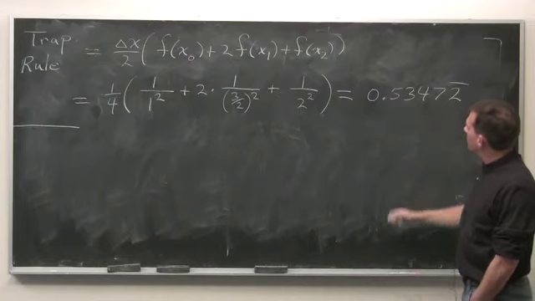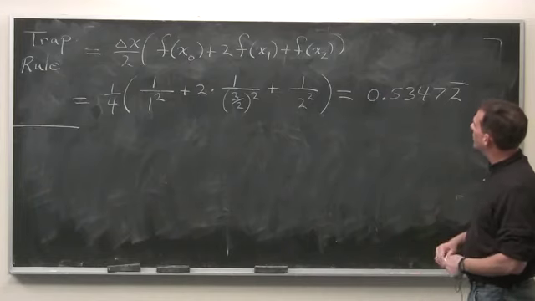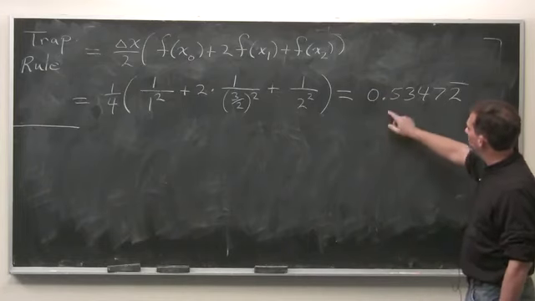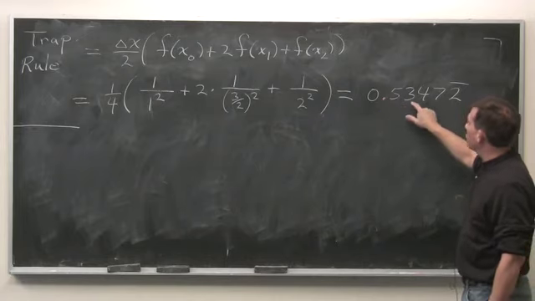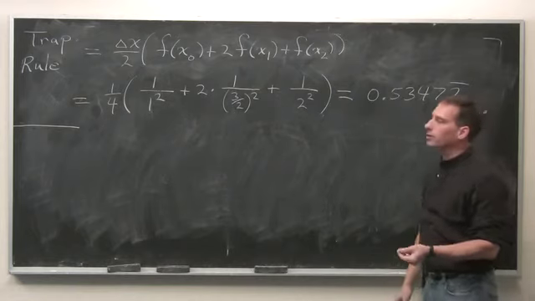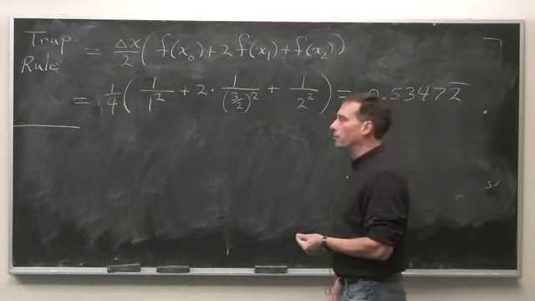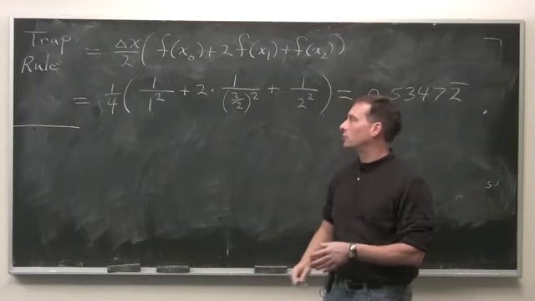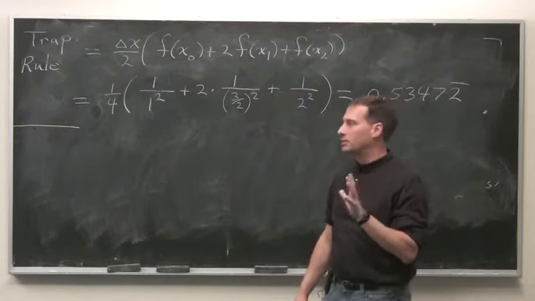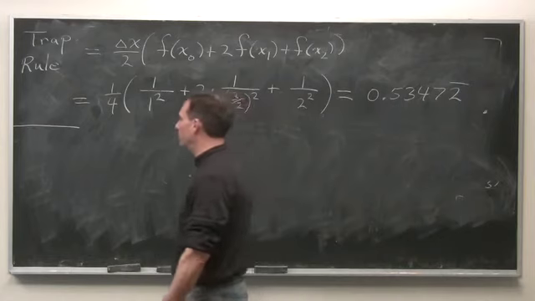But the error, or the absolute value of the error, how far away we are, plus or minus, we're only within about 0.034, so kind of double the error that we had from midpoint Riemann sums. That is what you typically expect, that the trapezoidal rule is roughly twice as bad as midpoint Riemann sums.